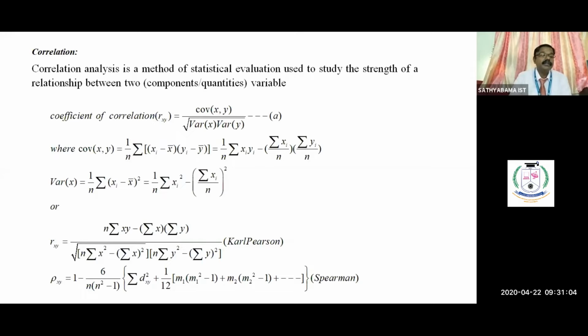It is our choice to shift the variables x and y in order to make the calculation simpler. That is R of xy equal to R of uv. So uv uses the same formula, n into sigma uv minus sigma u sigma v. So don't forget this basic concept: the correlation coefficient is independent of change of origin.